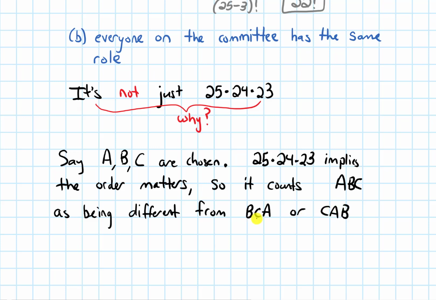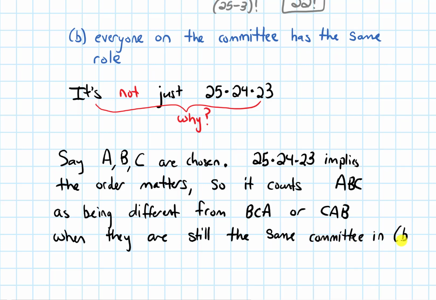So it's counting these rearrangements of those same three letters as different, when they are still the same committee in Part B.